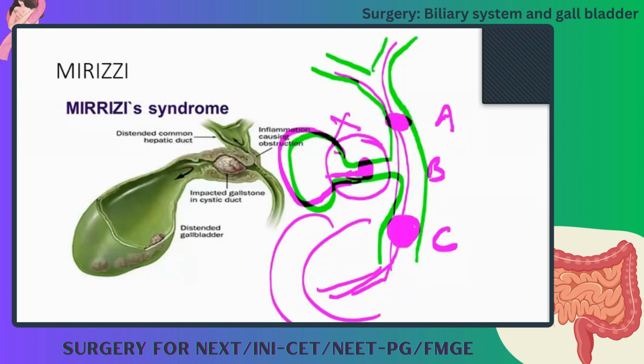So what are these stones called? A and C are in the duct, so they have a special name for it. What are those? Stones in the gallbladder is cholelithiasis.